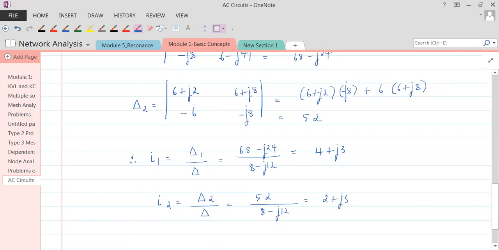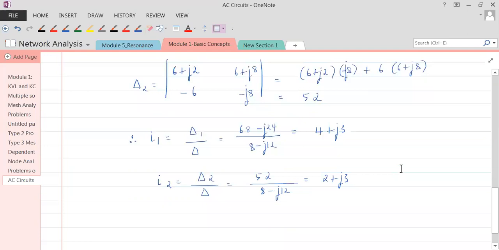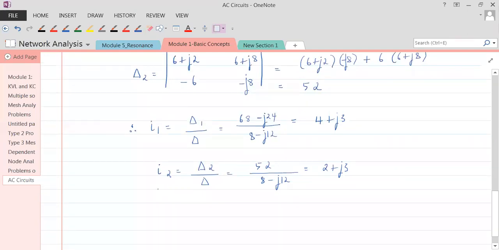Now you should understand when we are writing our I1 and I2. Our I1, which we wrote as 4 plus j3, what is it in r theta form? Can you give me 4 plus j3 in r theta form? We type 4 plus 3i.